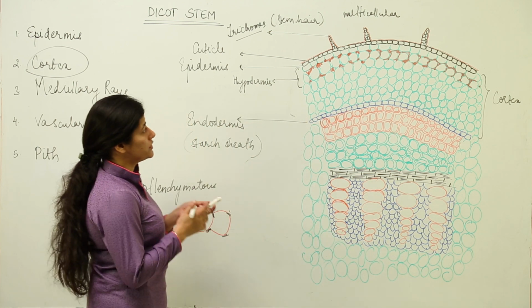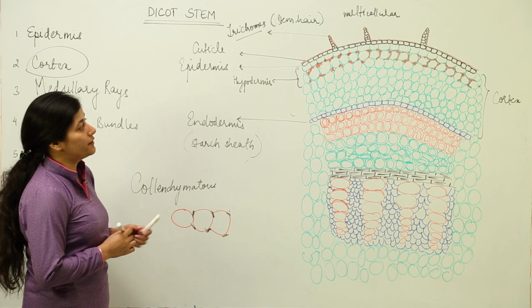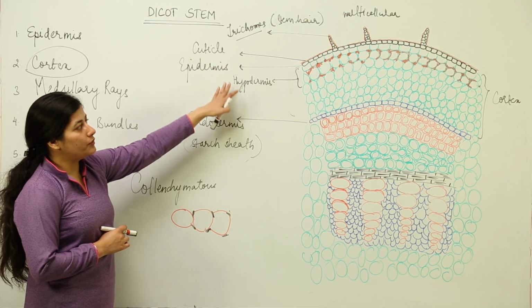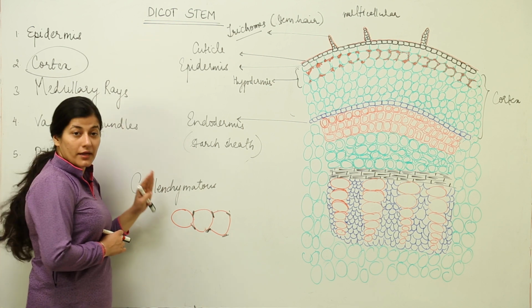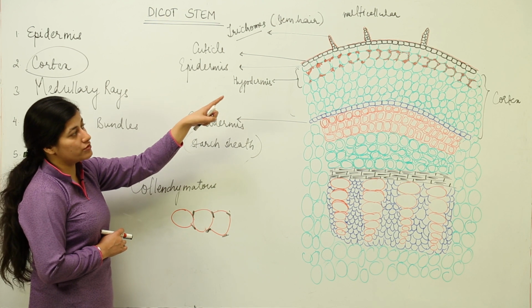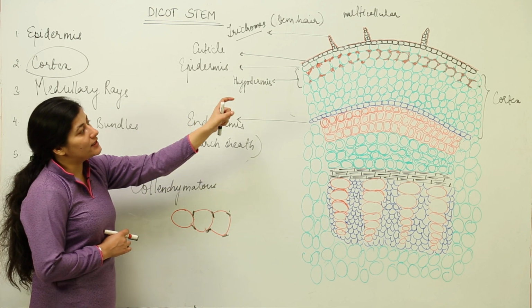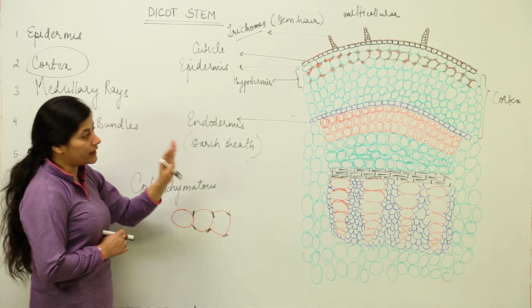And because it is the dicot stem, the main points of difference would be at the level of dicot stem and monocot stem. So do remember, the hypodermis in the dicot stem is collenchymatous, where the cells are parenchyma. That's why I have used green color for the representation. But at the same time, they have angular thickenings and they are responsible for providing mechanical strength.